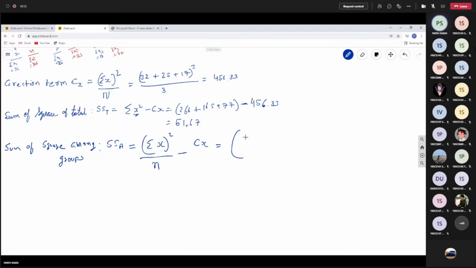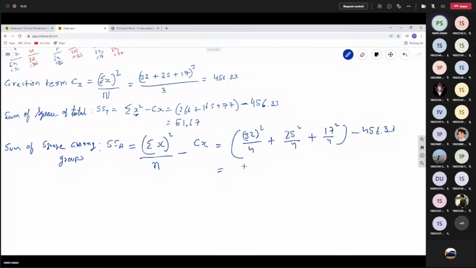So which is equal to 32 whole square upon 4 plus 25 square upon 4 plus 17 square upon 4, and minus that correction term, 456.33. You can understand what is written.